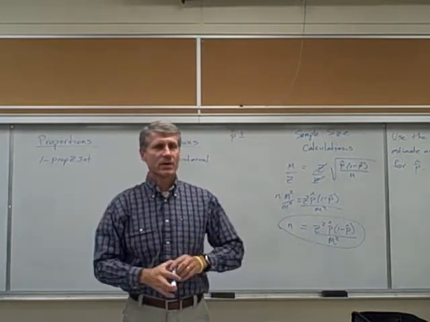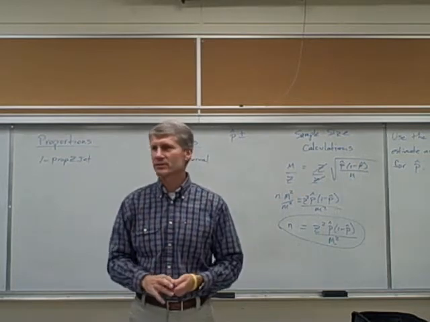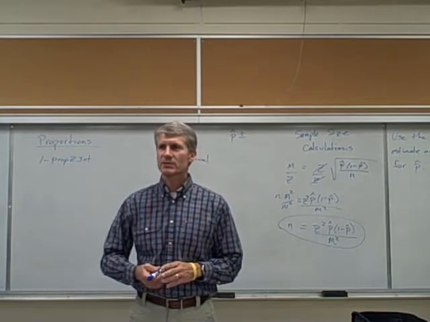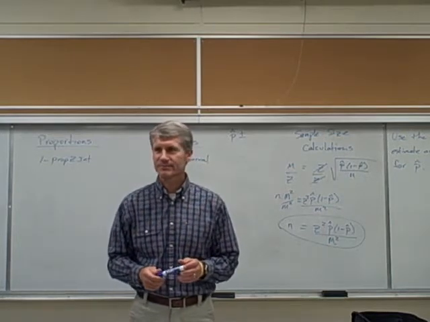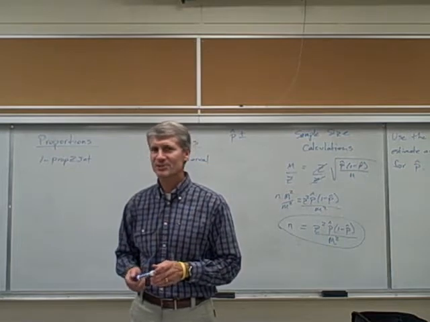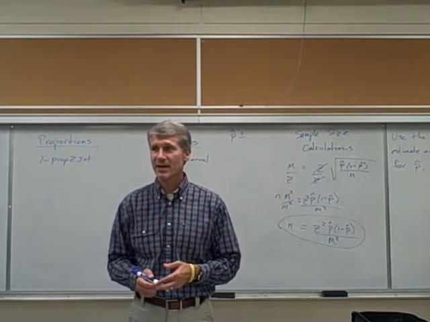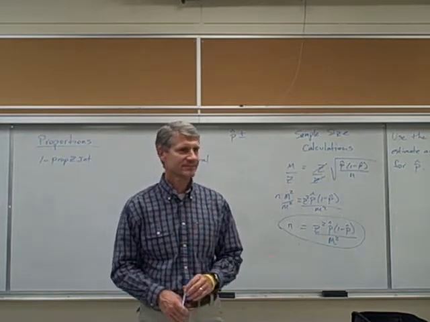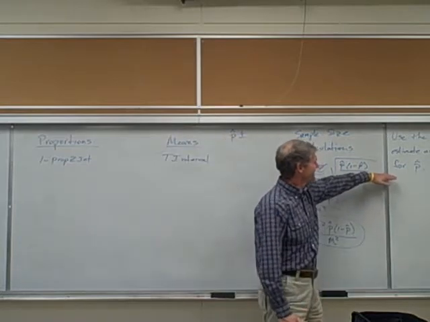Oftentimes, that will come from a previous study conducted on a similar population. The example we're going to do in a second talks about a study that was done on binge drinking among college students. Everybody knows what binge drinking means, right? Going out and getting hammered on Friday night, but the rest of the week you never drink a drop. Right? That's binge drinking. Well, college students are known for that, unfortunately.